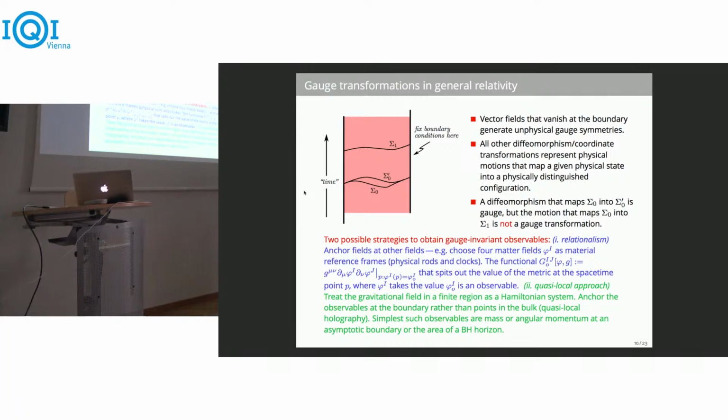Instead of constructing such non-local observables, the idea is to anchor your observables at the boundary. And the simplest observables that you can obtain in this approach are, in fact, the angular momentum and energy, center of mass of your system, which in general relativity are charge integrals.